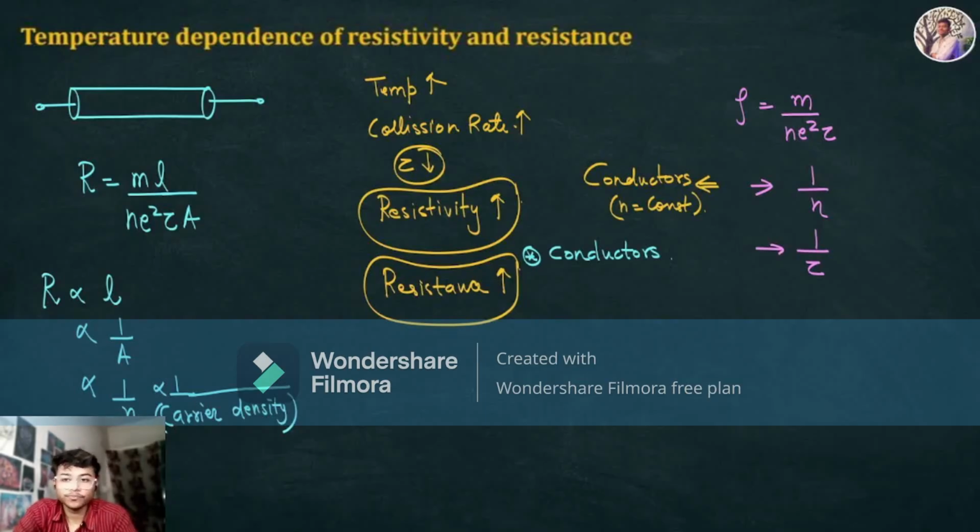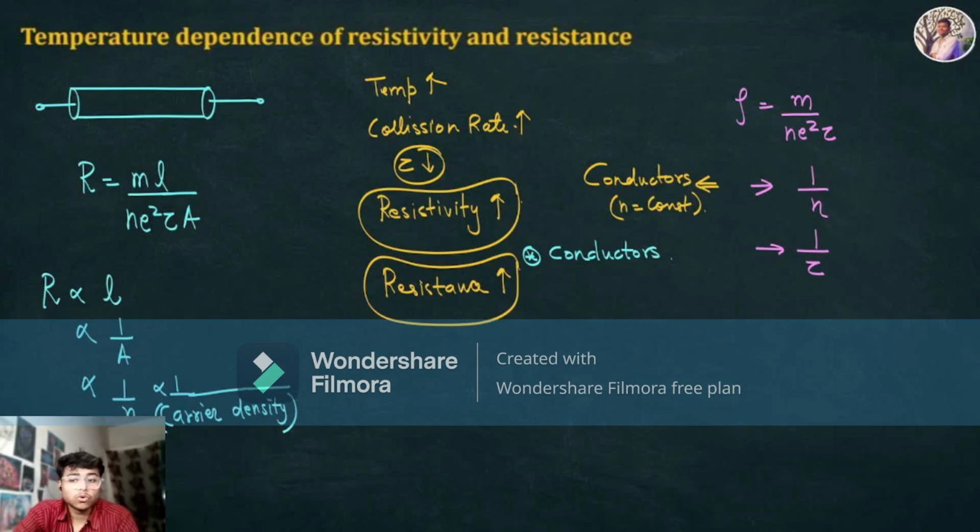Okay. So how do resistance and resistivity depend on temperature? On increasing the temperature, there is an increase in the rate of collisions. So there will be an increase in the resistivity and resistance also due to that.